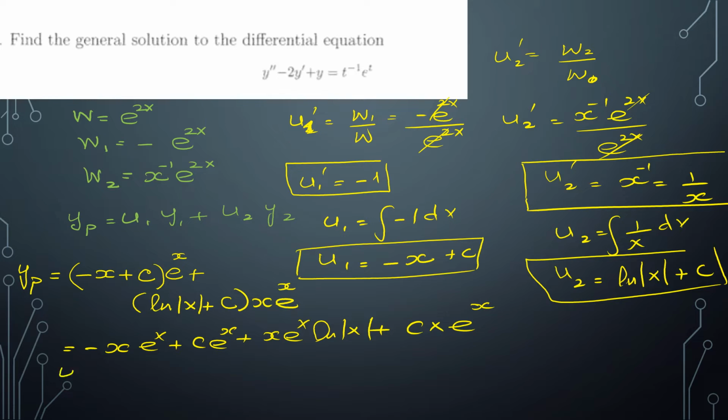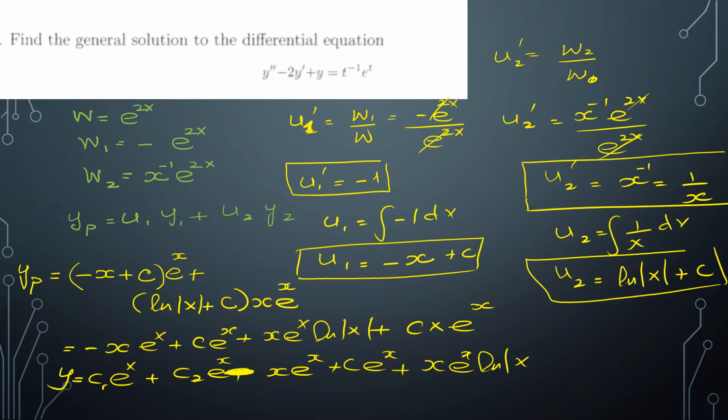Now for y, we have yc plus yp. So yc, you can see from the back, is c1 e to the power of x plus c2 x e to the power of x, plus yp, that means minus x e to the power of x plus c e to the power of x plus x e to the power of x ln of x plus cx e to the power of x.